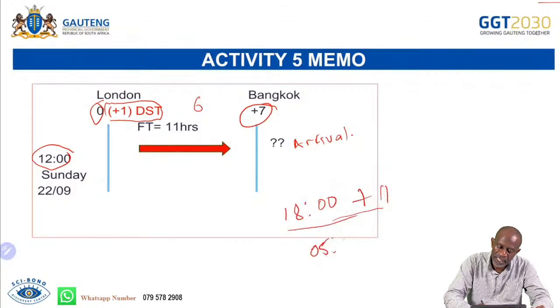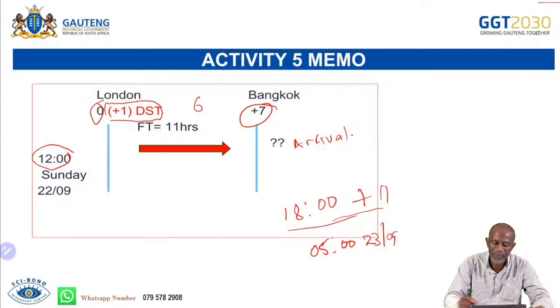So the flight will arrive at 5 hours on the 23rd of September.